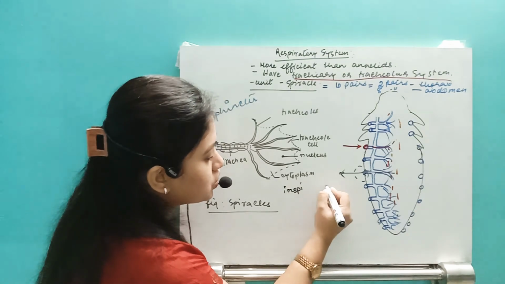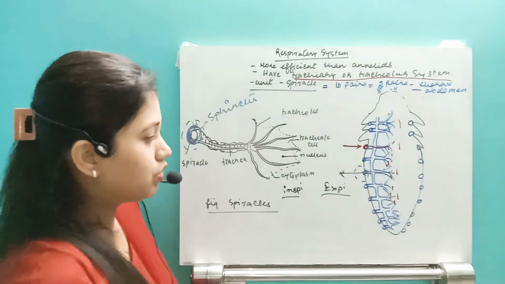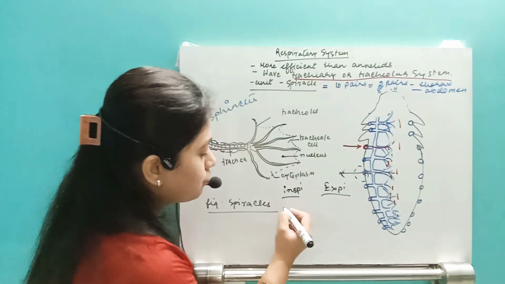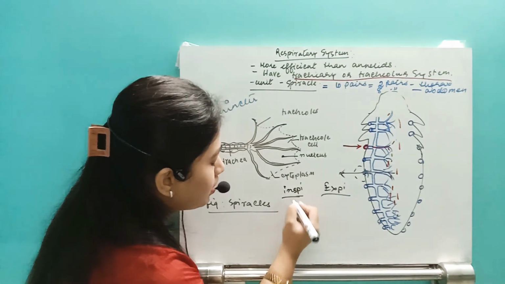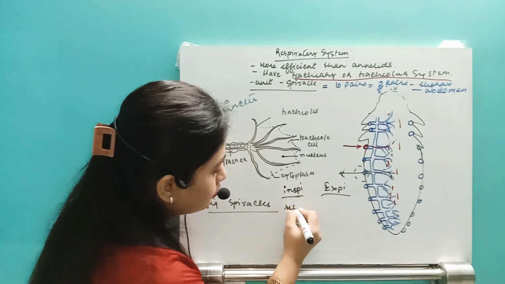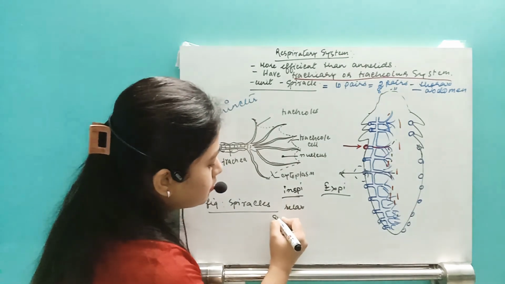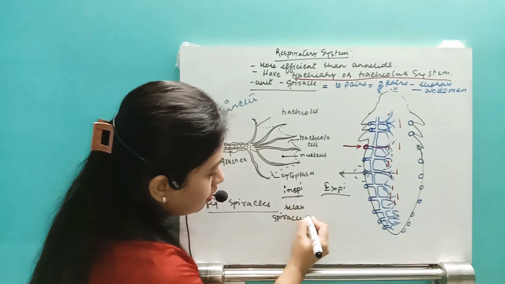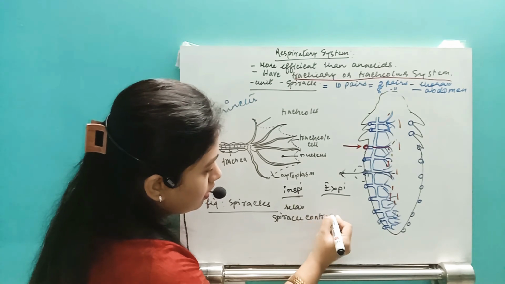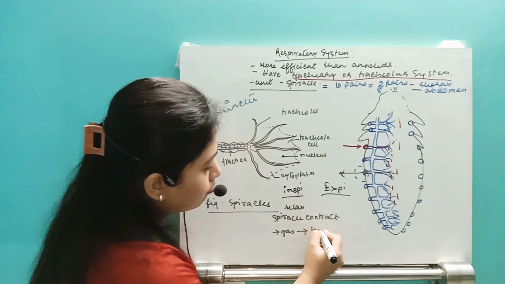How does inspiration and expiration occur? See, inspiration will occur whenever the organism laterally relaxes, and the spiracle contracts, then the gas will enter inside the body.